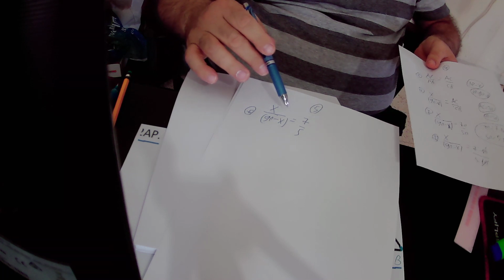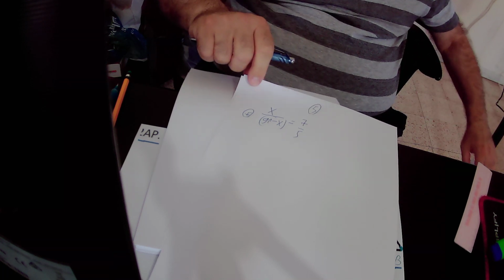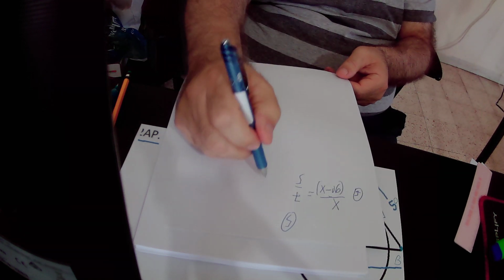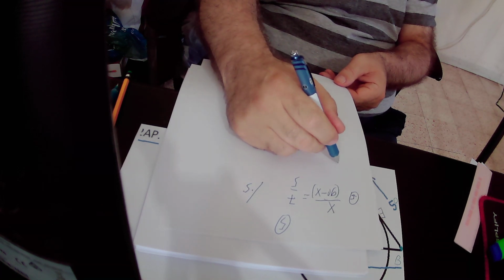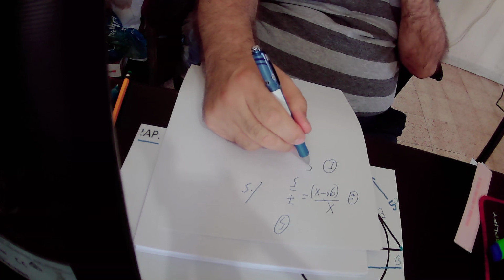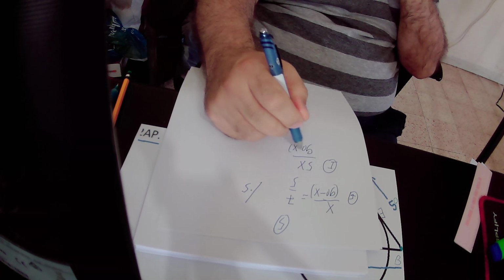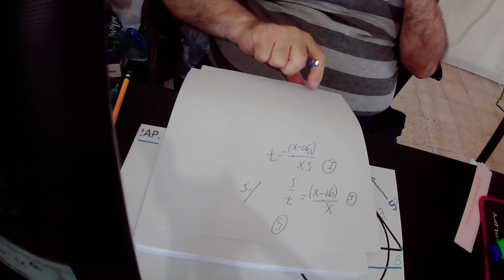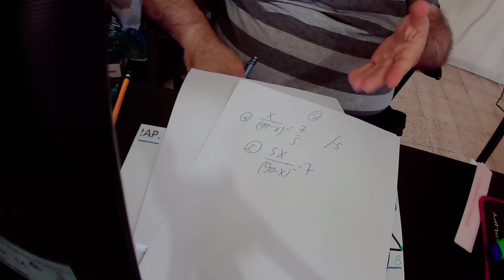Now we can multiply both sides of the equation by 5.